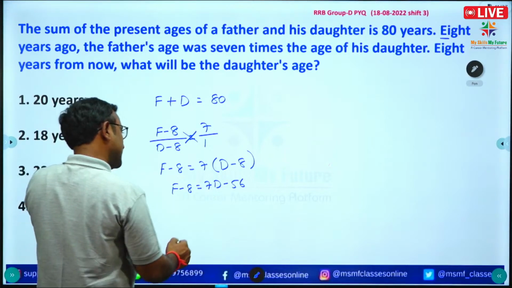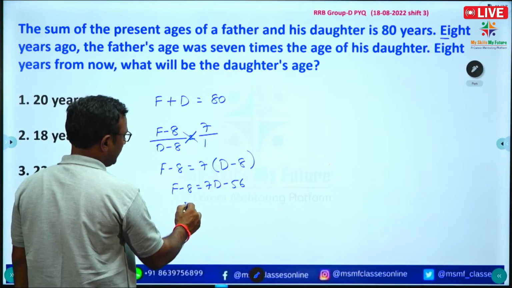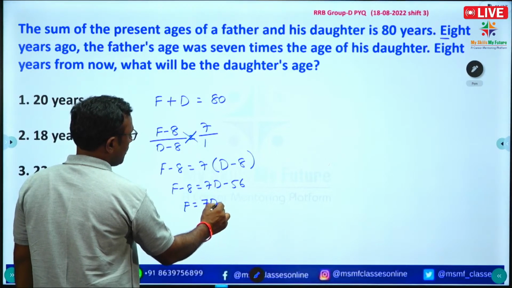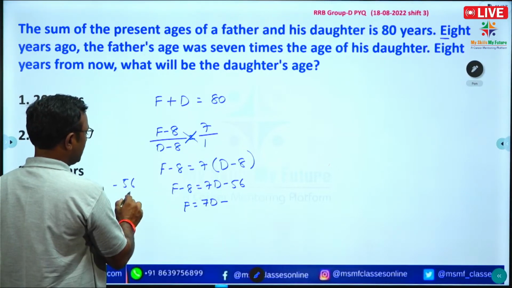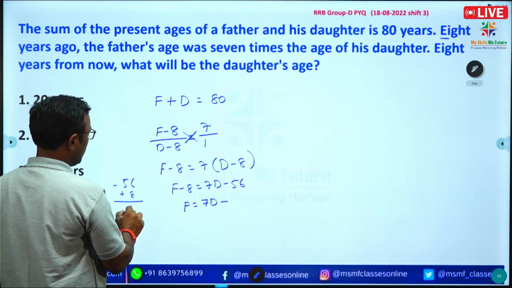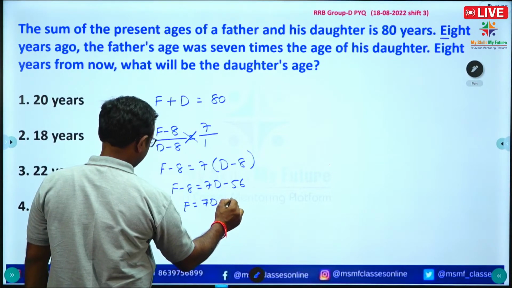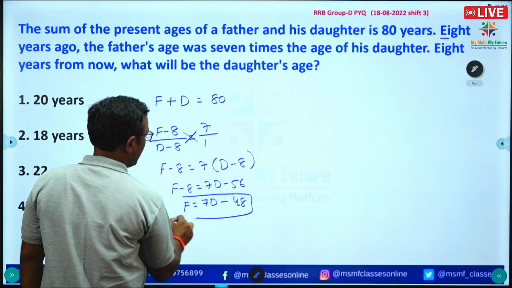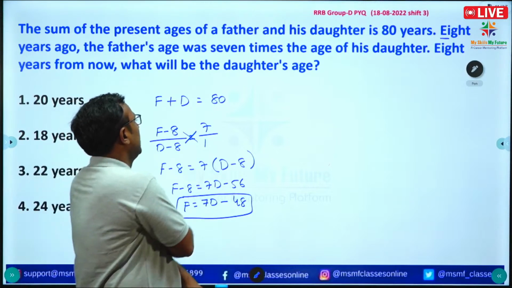Okay, right. So just take either d value or f value. I am taking f here. So f is equal to 7d minus 56 plus 8, so we get 48. F is equal to 7d minus 48.